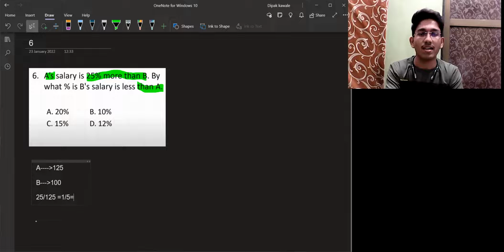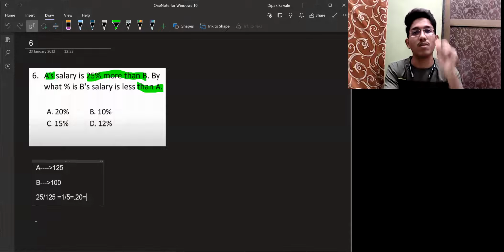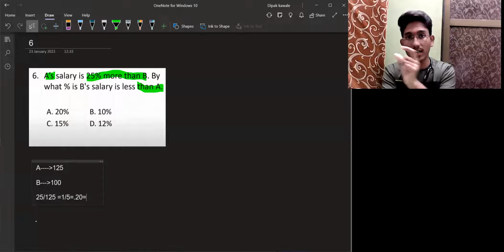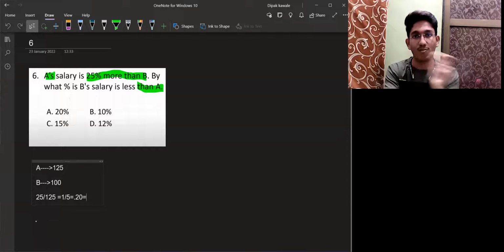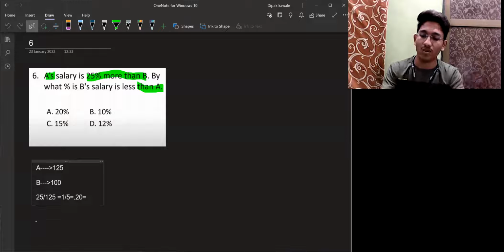As a fraction, 1 by 5 is 0.20, but we want it in terms of percent, not per one. If you want it in percent, then we have to multiply by 100, so it will become 20%. Okay guys, so we got our answer.